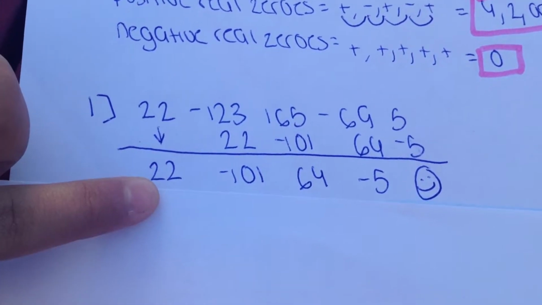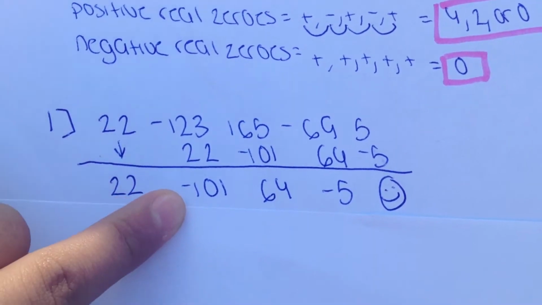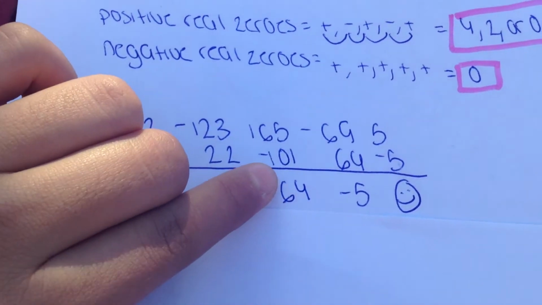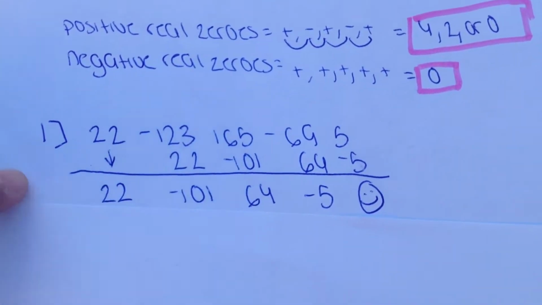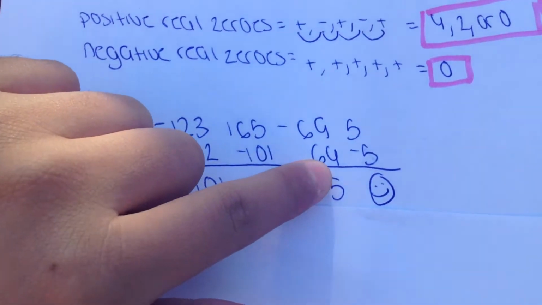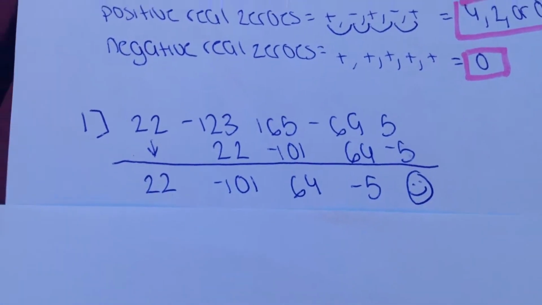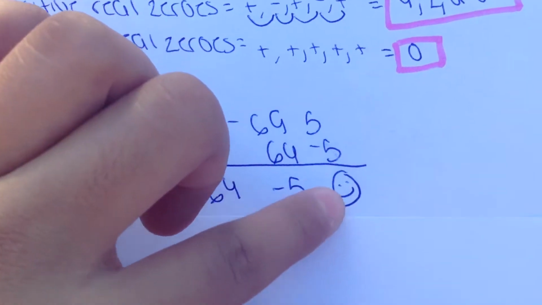So 1 times 22 is 22. Negative 123 plus 22 is negative 101. Negative 101 times 1 is negative 101, and 165 minus 101 is 64. 64 times 1 is 64. Negative 69 plus 64 is negative 5. And negative 5 times 1 is negative 5, and 5 minus 5 is 0.